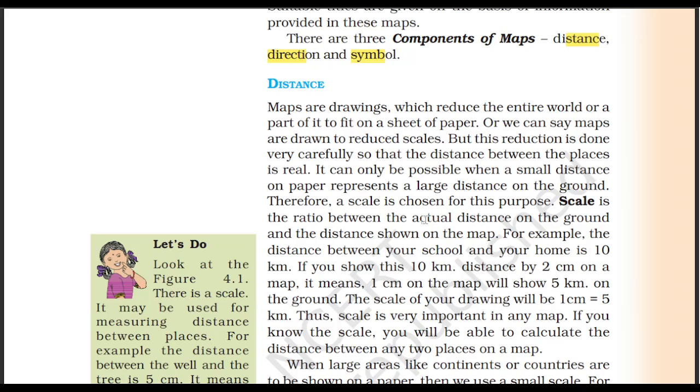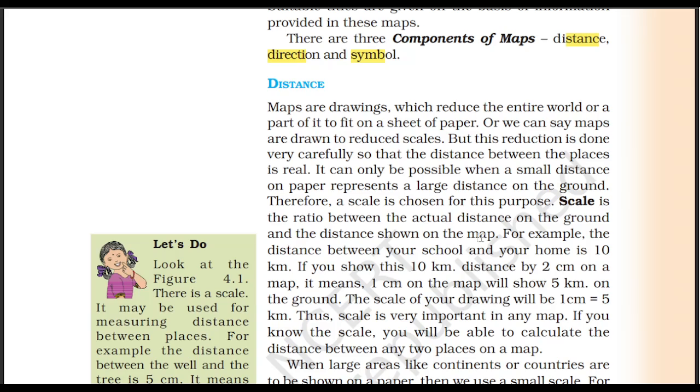Scale is a ratio between the actual distance on the ground and the distance shown on the map. Means scale is the proportional or ratio representation of the actual distance on earth to the same distance on the map.